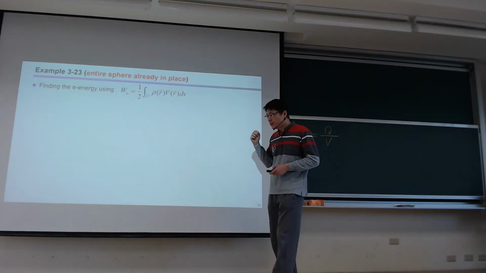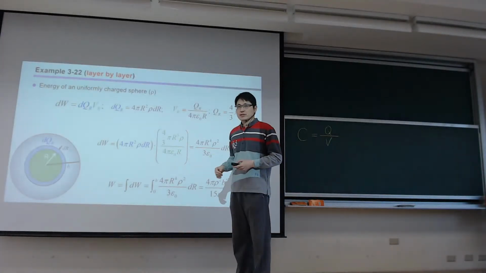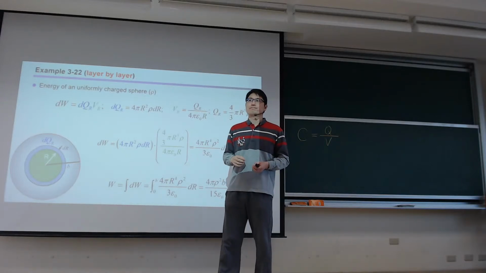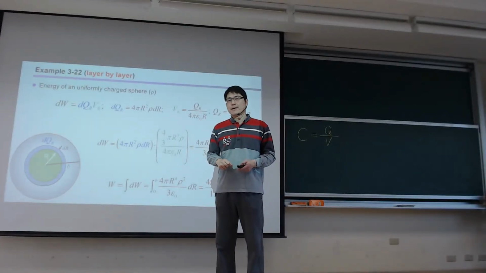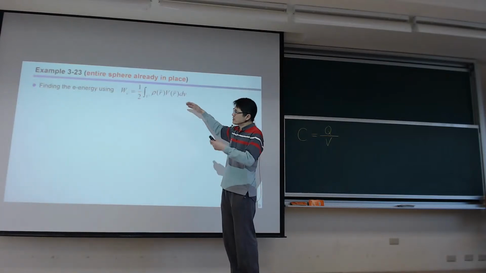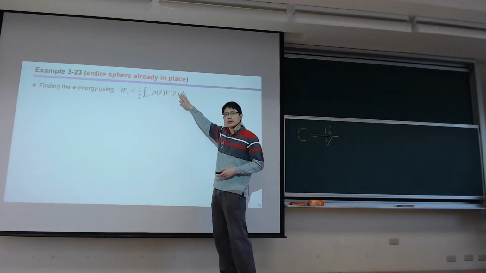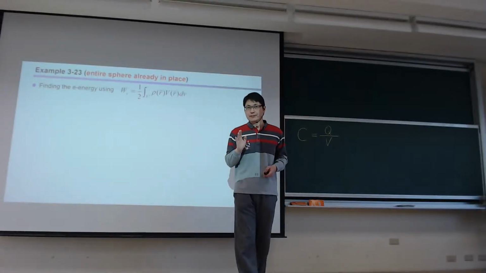How can we use this formula? Well, the layer-by-layer approach is straightforward in making physical sense, but this equation is also simple and elegant, but to use it, you have to be very careful.